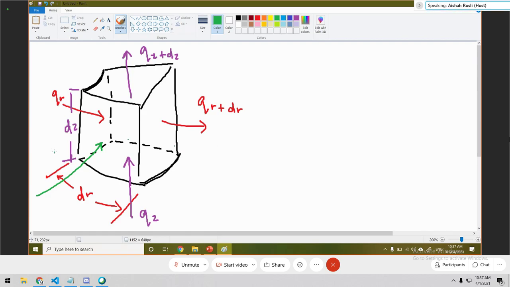So I'll name this Q phi coming in, and then Q phi coming out, Q phi plus D phi. What makes this a little bit complicated is that this is not simply D phi. This is actually R D phi. Why is this R D phi? Because we want to keep it dimensionally consistent. We need to consider that this is in a curved direction.